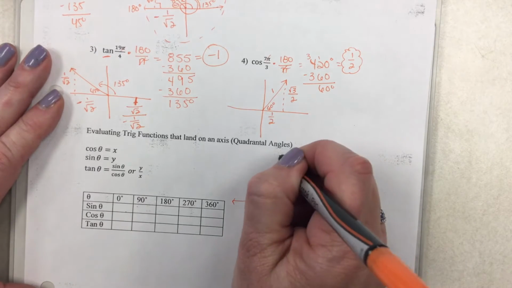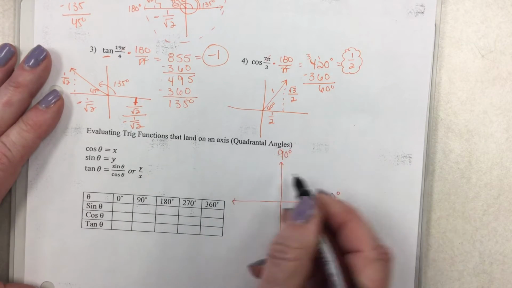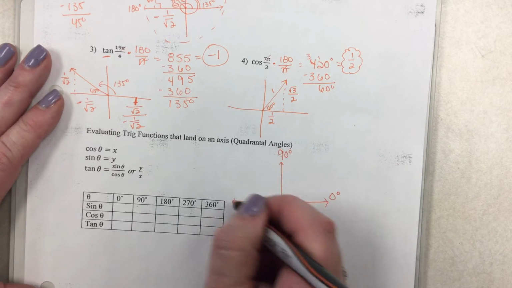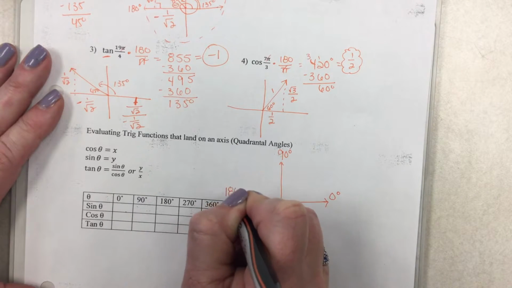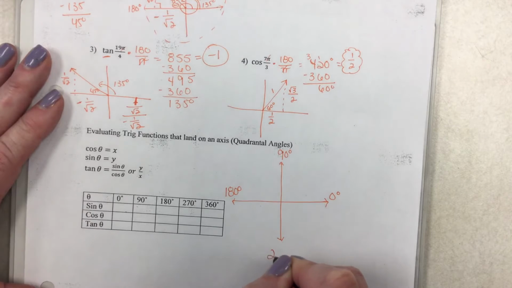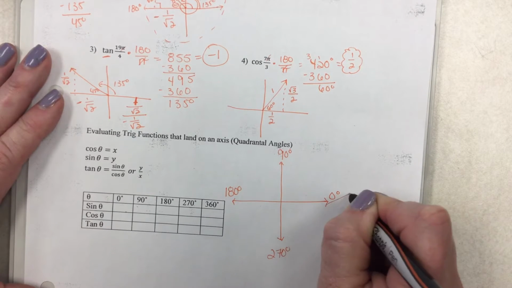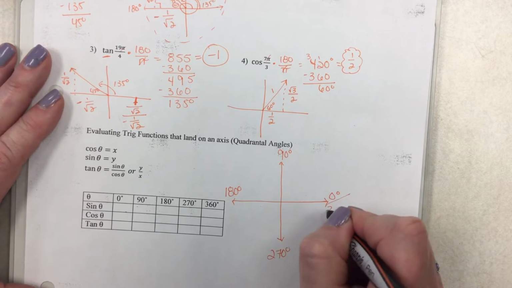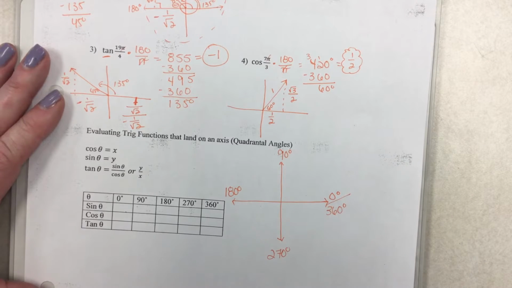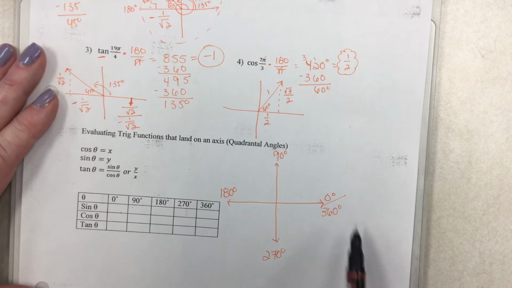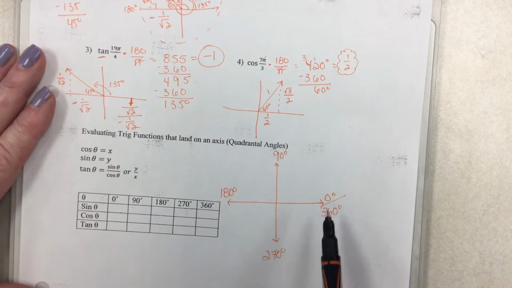How many degrees am I here due north? 90. I come over here to the left-hand side. What do I have? 180. Straight down below, 270. And if I make a full circle, I have gone 360 degrees.